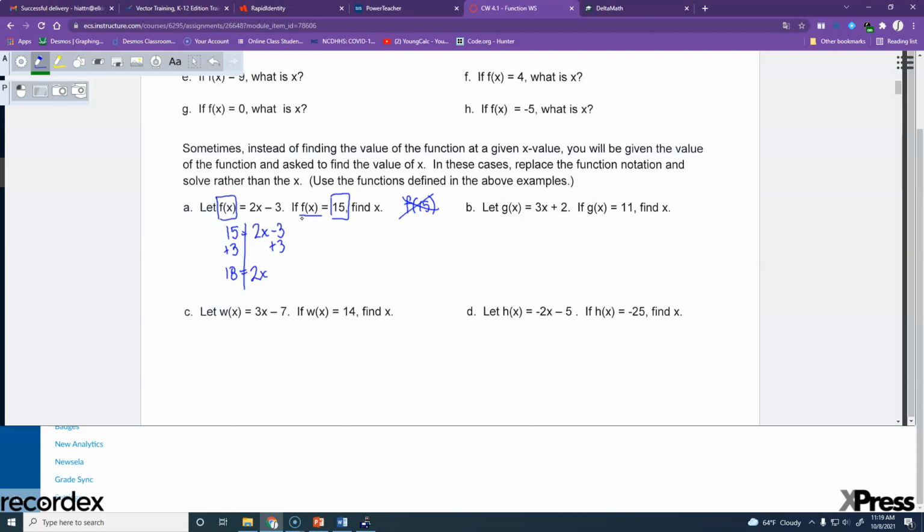And then? So x would equal 9 to that. So do you guys see the difference there in finding f of 15 versus finding if f of x equals 15? So where you plug it in is different there.